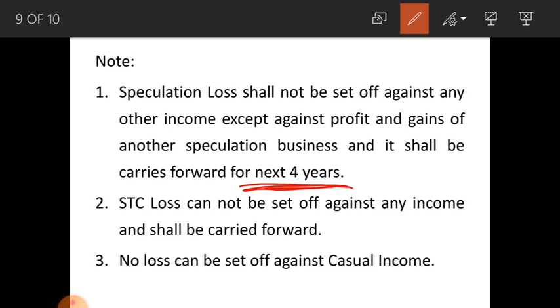See the second one, short term capital loss cannot be set off against any income and shall be carried forwarded. Next one, no loss can be set off against casual income. You cannot use casual income to set off any loss. So this is about the problems relating to set off and carry forward of losses.